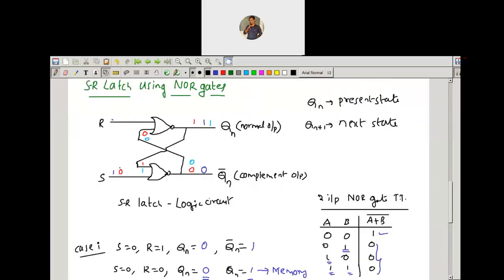Now we are going with the third case. So now we are making what? The inputs S equal to 1 as well as R equal to 1.